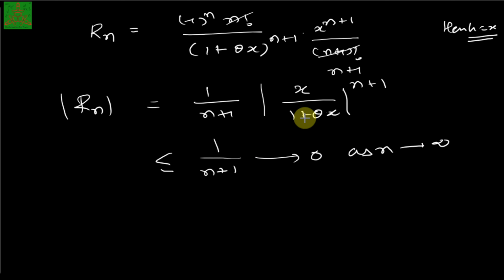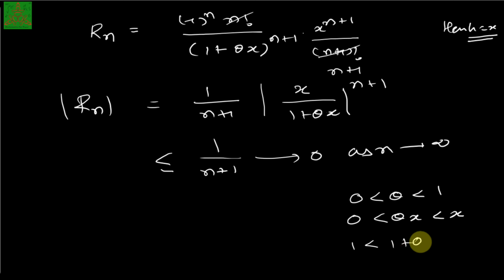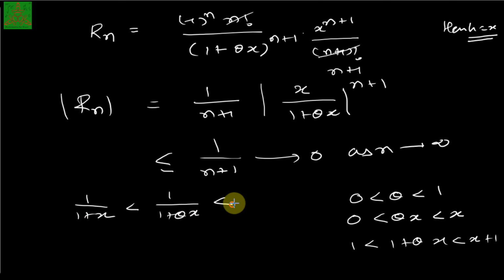Now why is x upon 1 plus theta x less than 1? Because we know that the theta value is between 0 and 1. So theta x is between 0 and x. If I add 1, then 1 plus theta x is less than 1 plus x. So that's why 1 upon 1 plus x is less than 1 upon 1 plus theta x, which is less than 1.